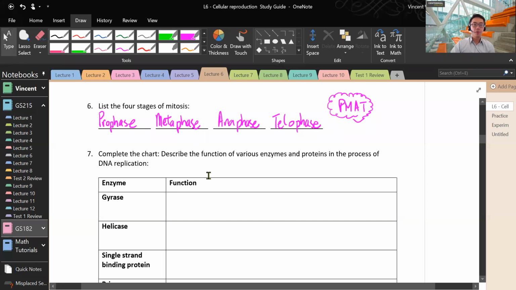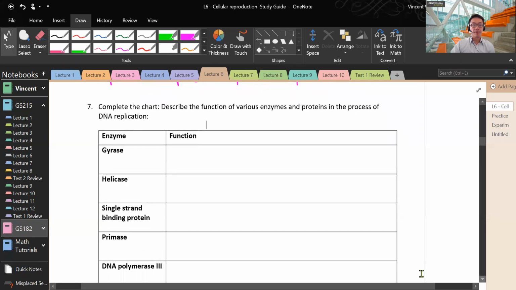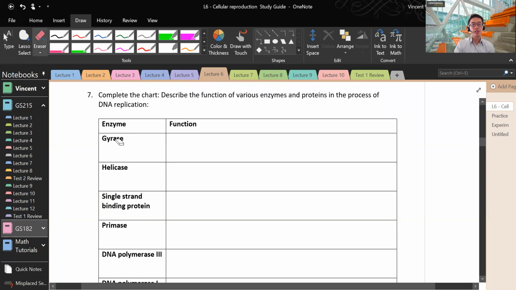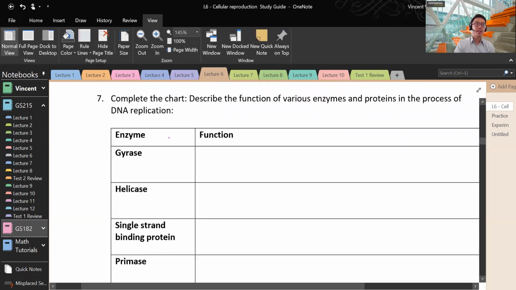But right now, we will talk about all the enzymes and proteins that are necessary in the process of DNA replication. So this is DNA replication in eukaryotes, like a human cell, for example. All right, so first we have gyrase. What does gyrase do?